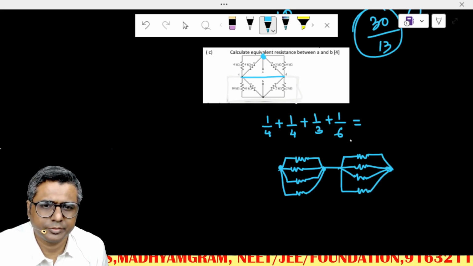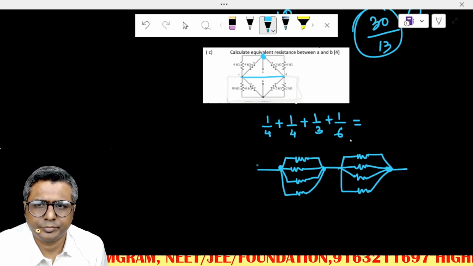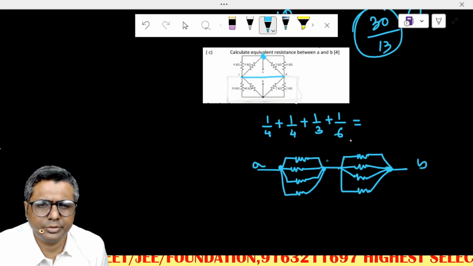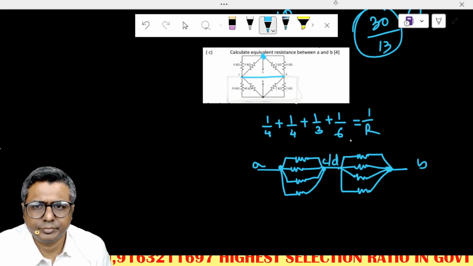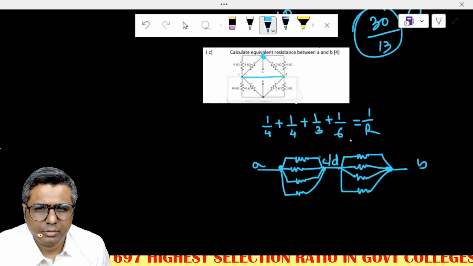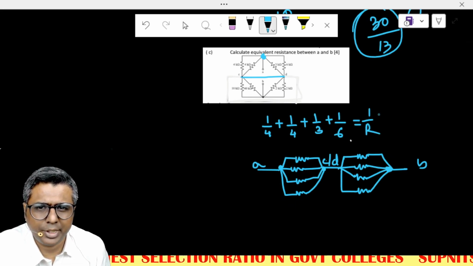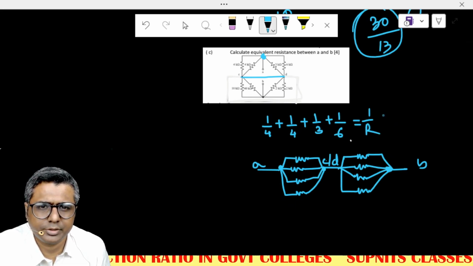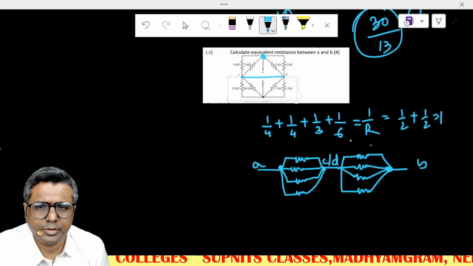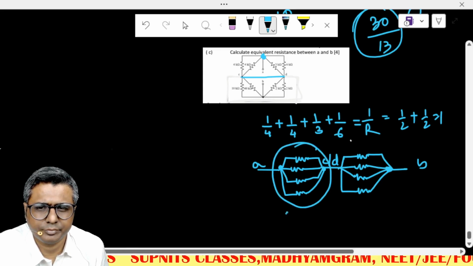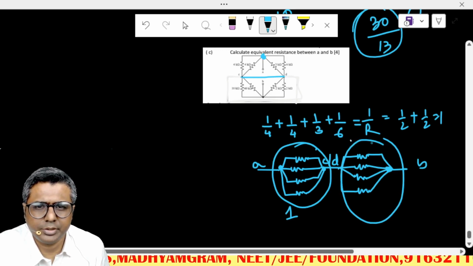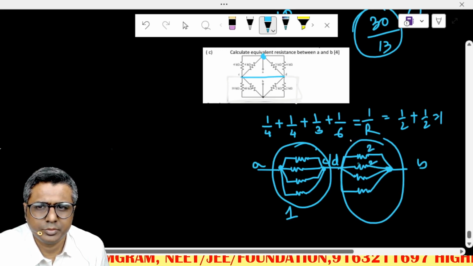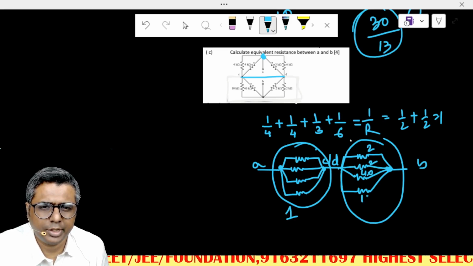Very nice question. A, B. This one you can write as C or D, doesn't matter. 1 by R. So here you have to do the parallel one. So this part is 1. Now we have to do this part. So this part is 2, 2, 40 and 10.